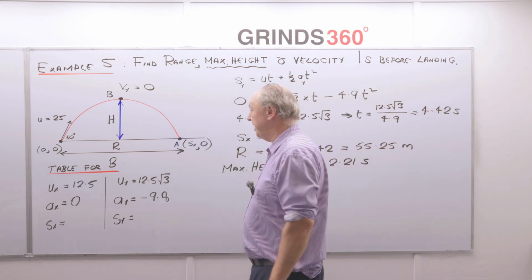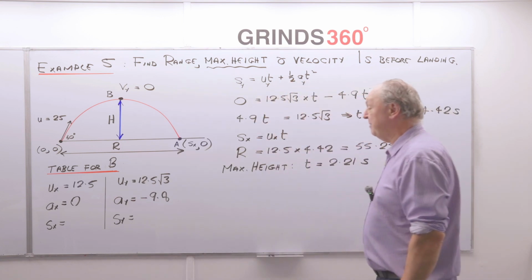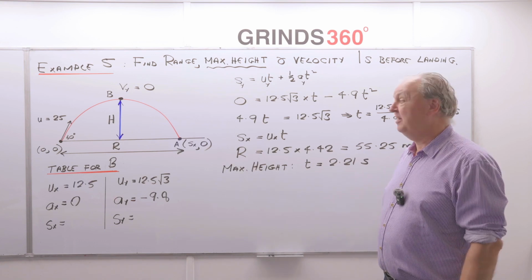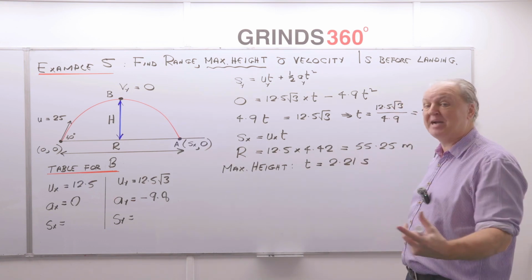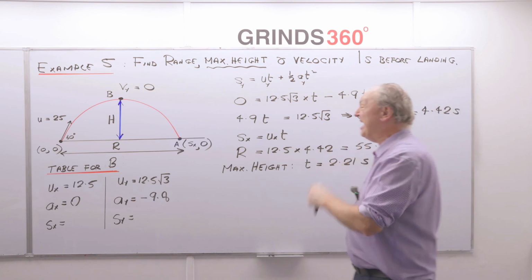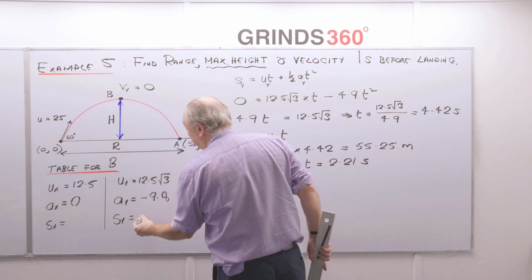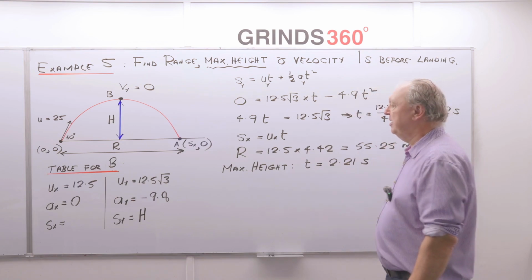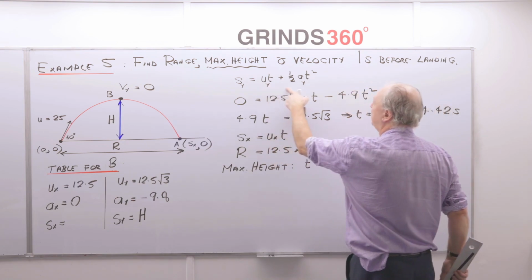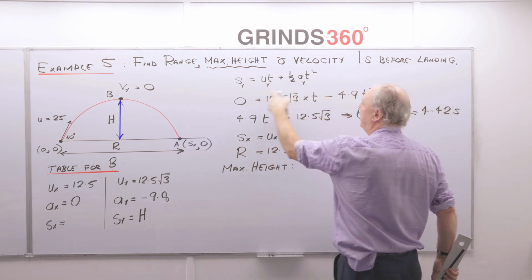And what's SY? Well, let me just go ahead and work out SY because I have enough information now, because I have the time it takes to reach the maximum height. So I could say SY is capital H. It is the maximum height. So let me write down my formula again. Here's my formula. I've already written it down.